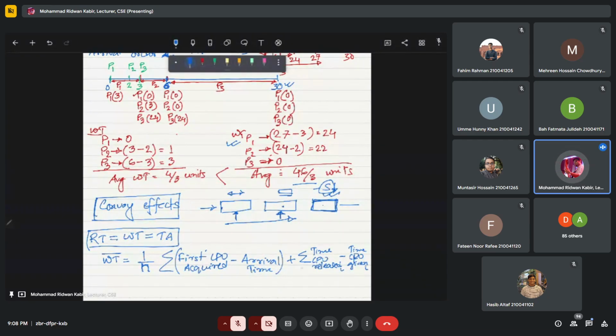So this will be for every i in the system. If you take these summations for all processes and then divide by n, you'll get the average waiting time. Do you understand? Any question?